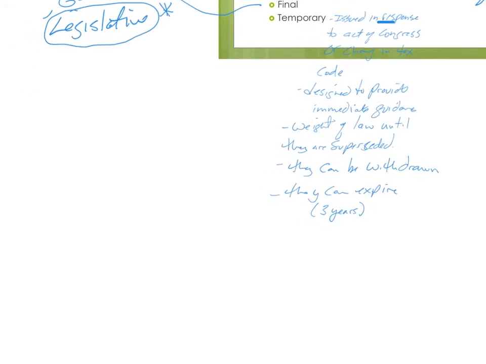Okay? Now, it's important to know how to cite these things and to know what their citation means. So I'm going to switch colors, okay? And so what you may see is them written as Treasury regulation.